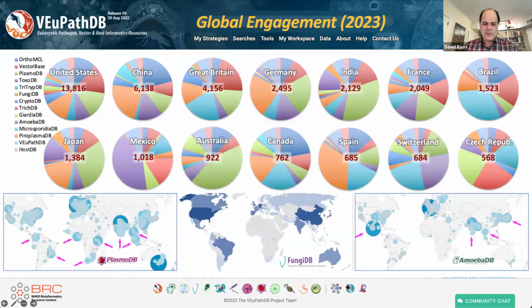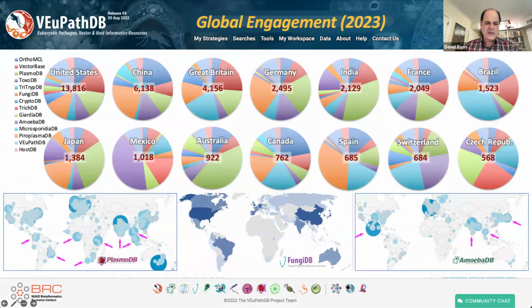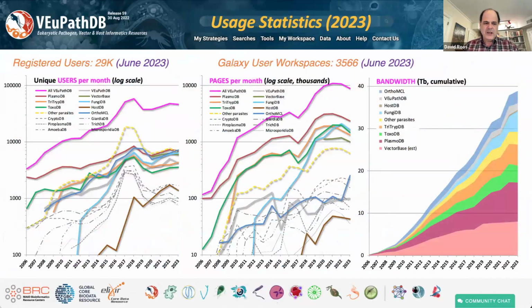For other databases supported by VEuPathDB resources, those are linked to areas where diseases occur, interest in the global south in malaria, interest in Mexico and South Asia and East Asia in amoeba. But FungiDB resources are accessed by many thousands of researchers per month.